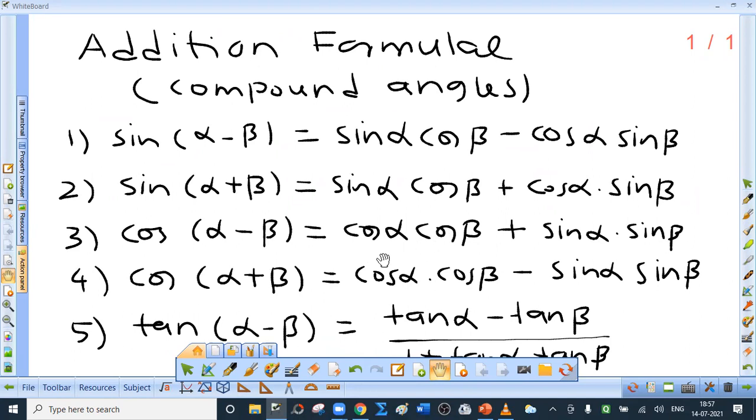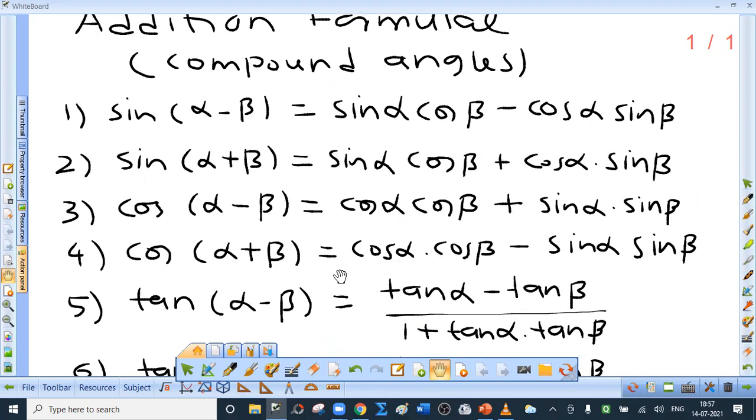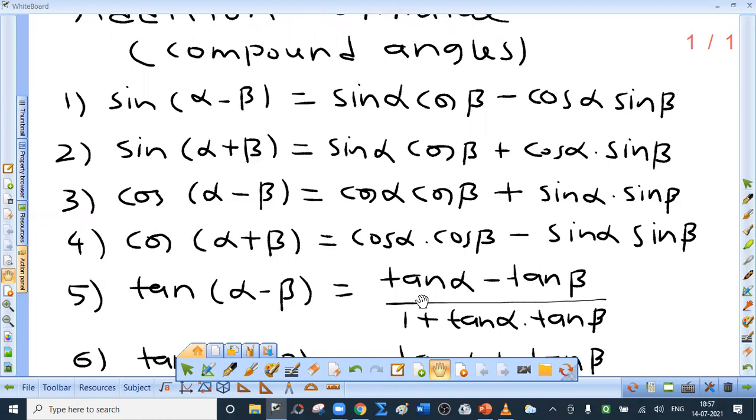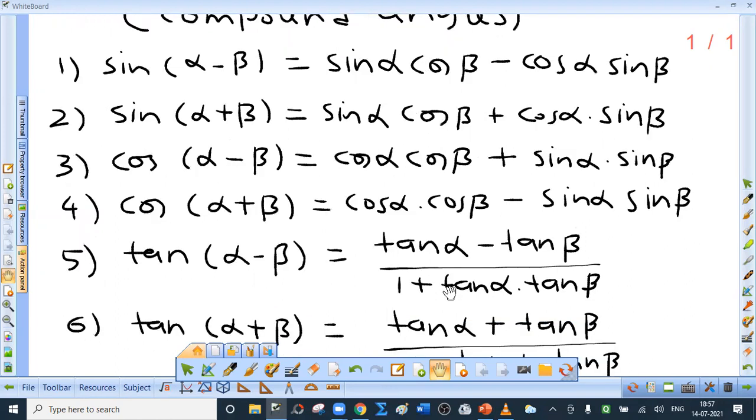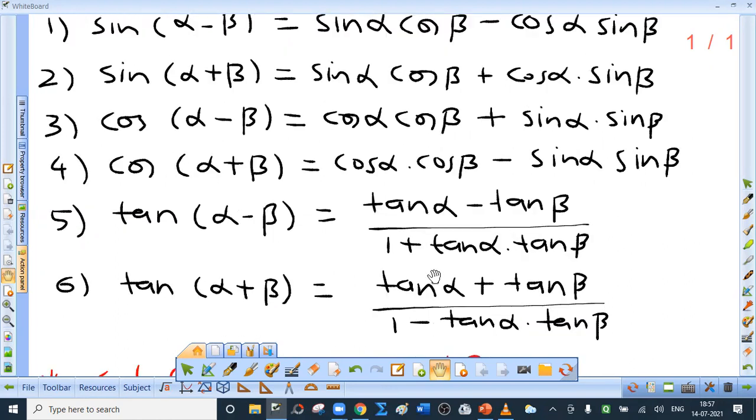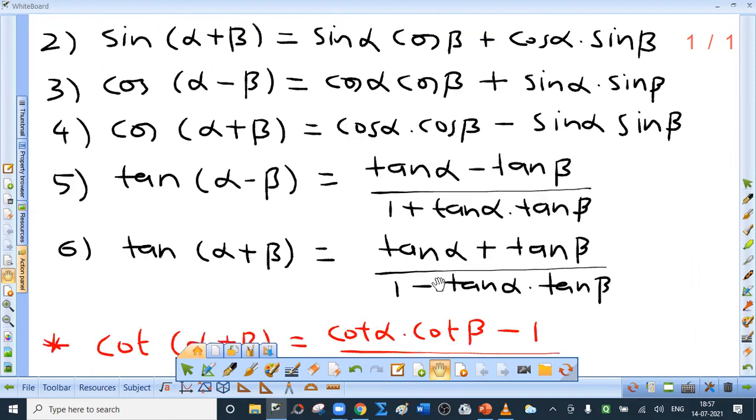Cos of alpha minus beta is cos alpha cos beta plus sine alpha sine beta. Cos of alpha plus beta is cos alpha cos beta minus sine alpha sine beta. What is tan of alpha minus beta? Tan alpha minus tan beta upon 1 plus tan alpha tan beta. Finally, tan of alpha plus beta, tan alpha plus tan beta upon 1 minus tan alpha tan beta.